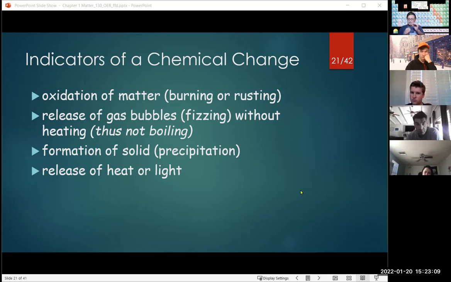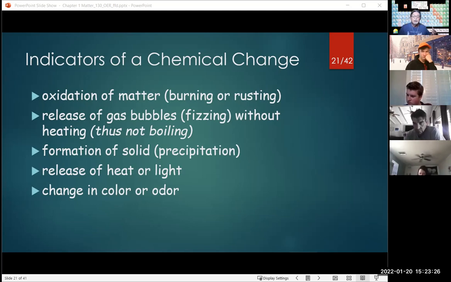There's a chemical process occurring there, okay? And it could be a change in color. You might get two clear solutions and end up with a blue solution or any other type of color. Or an odor could be given off, okay? And that odor could be very nice smelling, or it could be bad, okay?